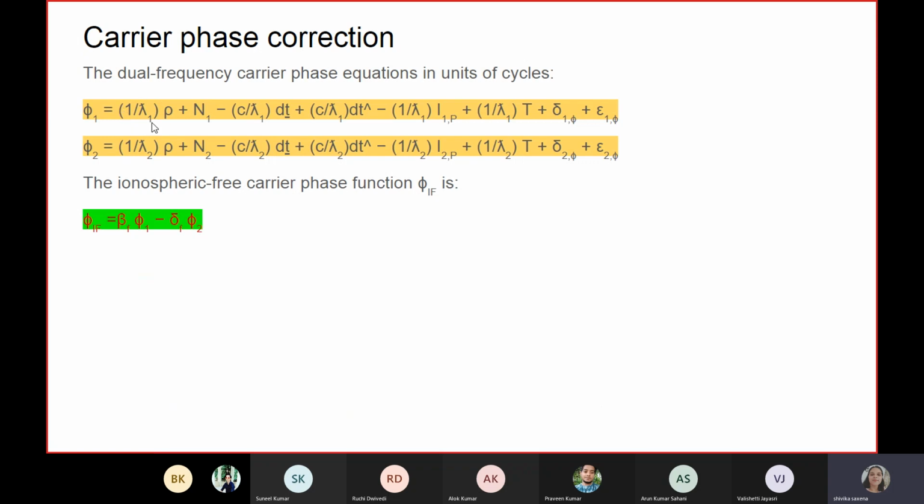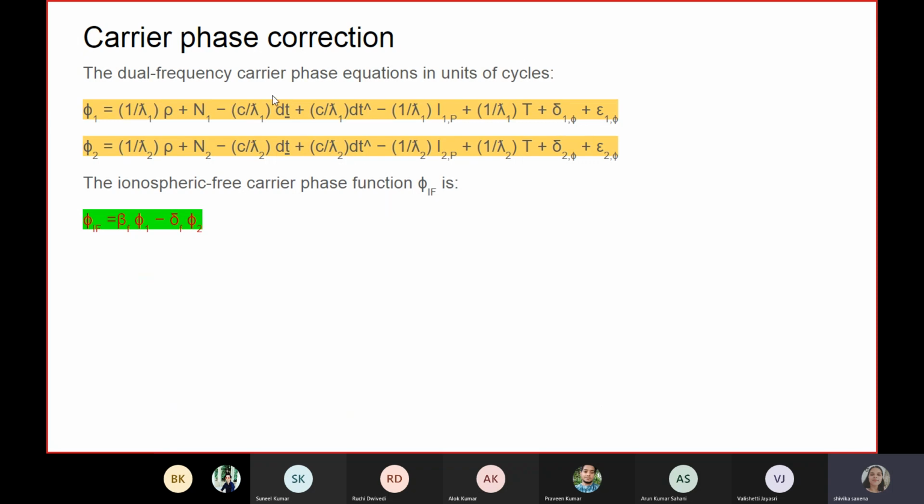This is the geometric range, this is ambiguity, then this is receiver clock, this is satellite clock, this is ionosphere here for 1p, this is for troposphere, and this is again for multipath as well as measurement noise.